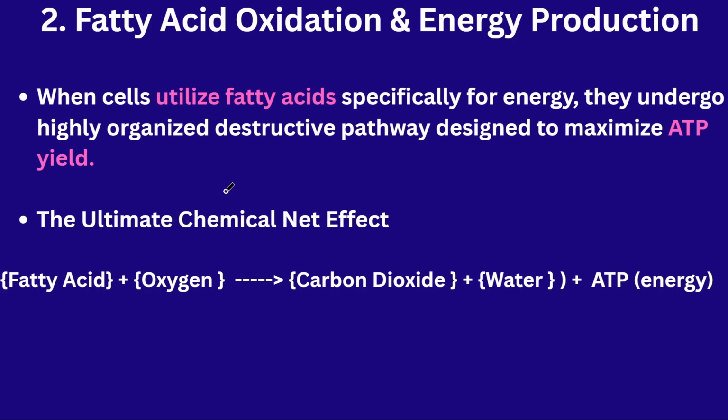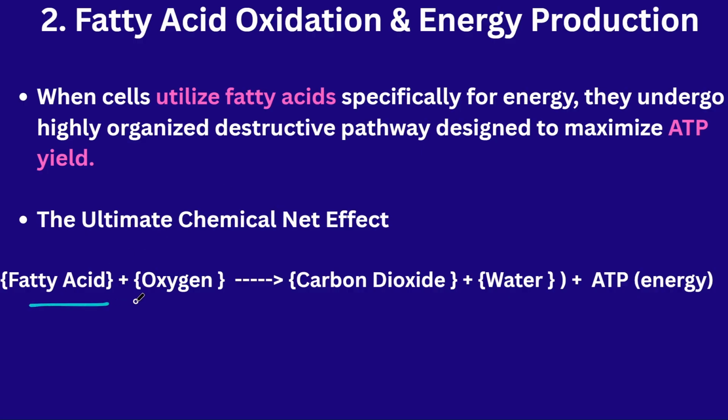Next one, fatty acid oxidation. So we have to understand fatty acid oxidation. In carbohydrates, we have glycolysis, glycogenesis, gluconeogenesis, etc. Here in lipid metabolism, there is the fatty acid oxidation process.